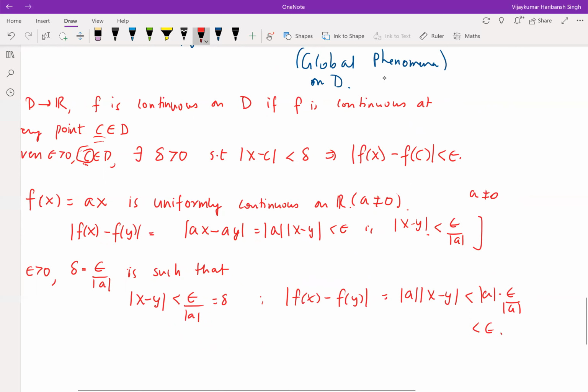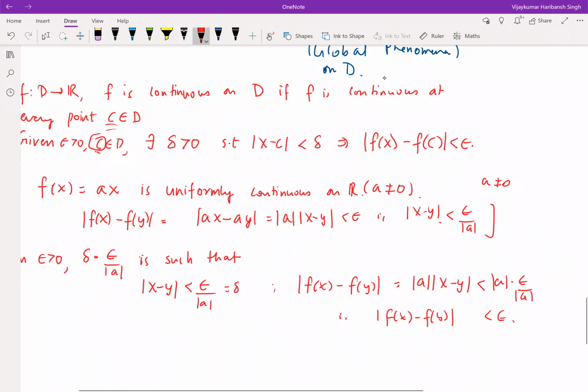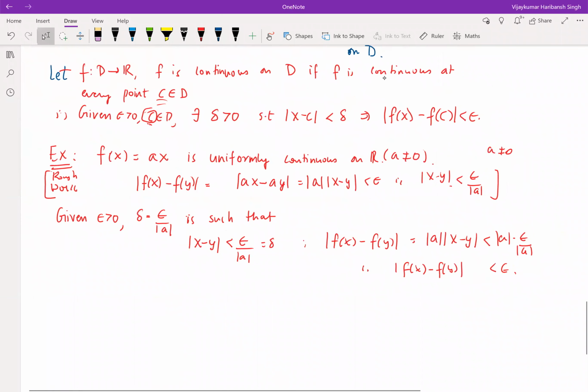Therefore, we have proved that f is uniformly continuous on R.